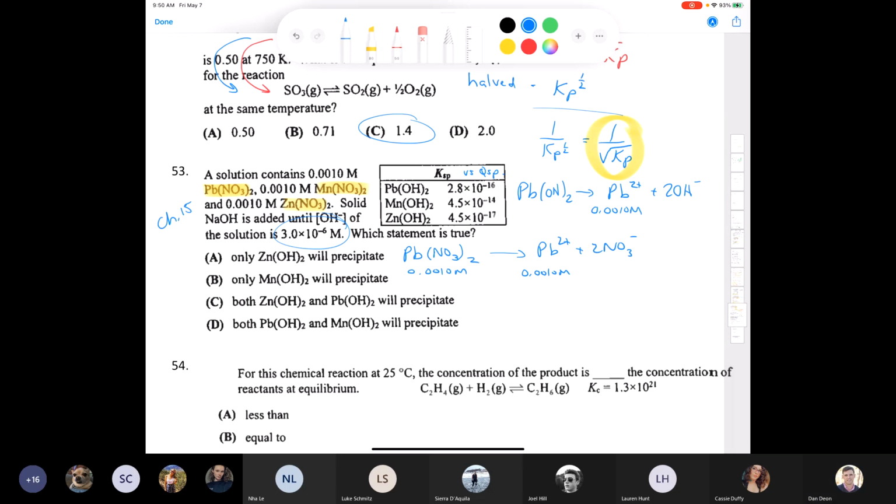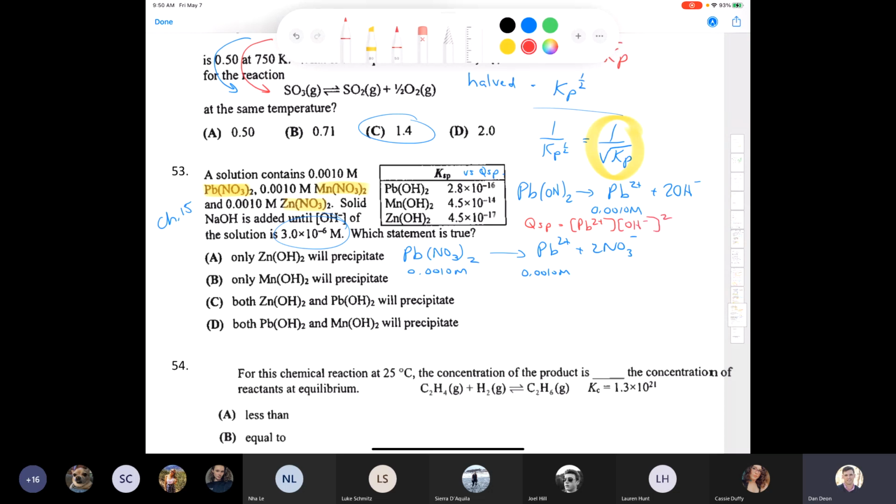No. Sorry, my QSP, son of a gun. I hate solving these on these things. My QSP is equal to the concentration of my lead 2 plus times the concentration of my hydroxide squared.